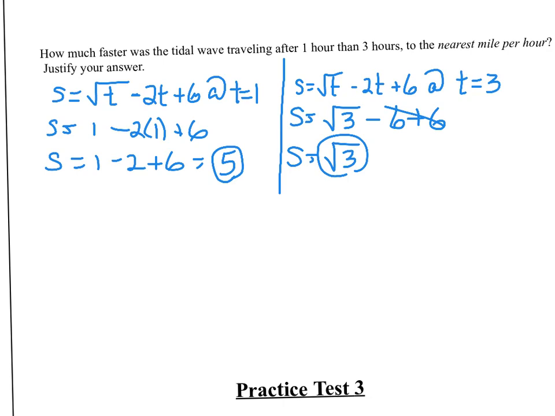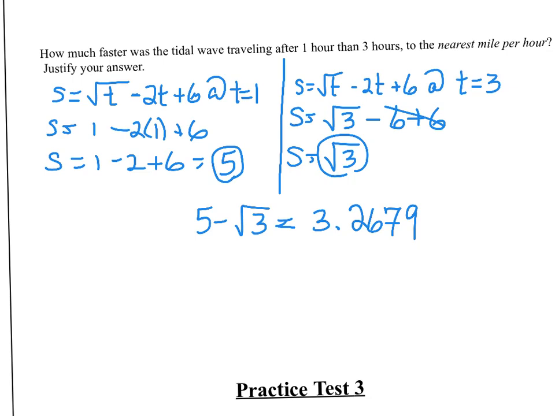So to determine how much faster the wave was traveling after 1 hour versus 3 hours, I would simply do 5 minus the square root of 3. And that ends up giving me 3.2679. So that's how much faster it was traveling after 1 hour versus 3 hours.